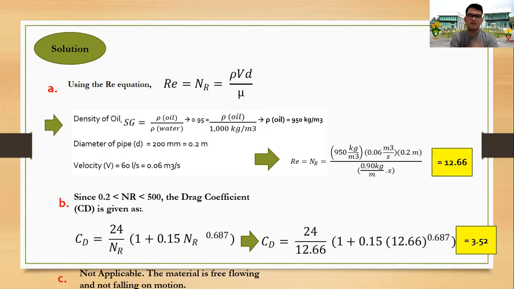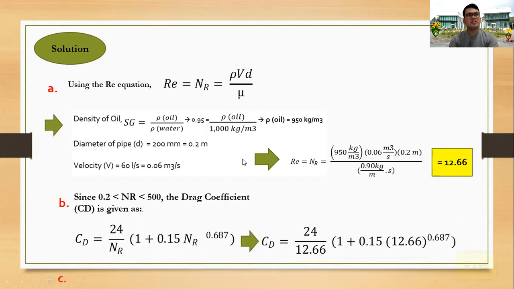But to be safe, whether it's applicable or not, as long as the values are given, for example, there's already CD, there's already NR, and the formula for terminal velocity is a factor of CD, NR, and the specific gravity or whatever, then you can compute it to be safe.